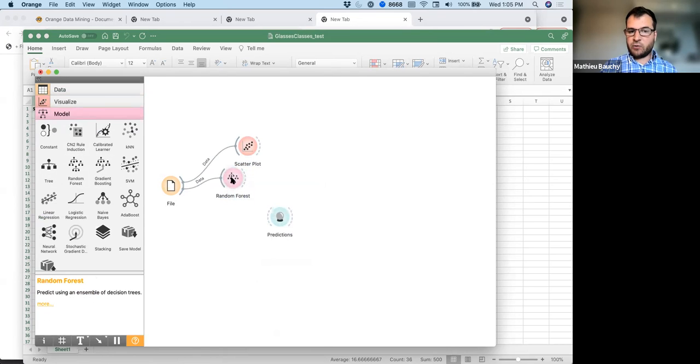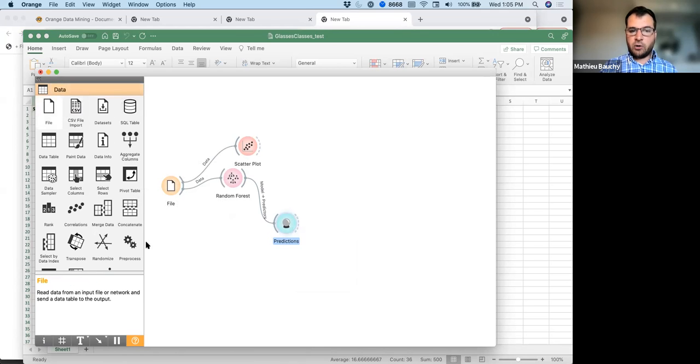So here your random forest model is trained. Then you will link it to this widget, and this widget now becomes able to make some prediction. And if you want to now use this prediction widget to make some prediction for some new glasses, you will need to load the new data.